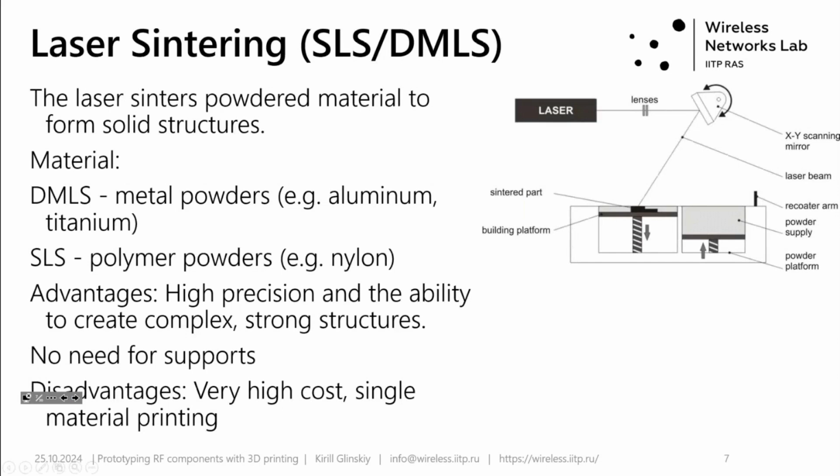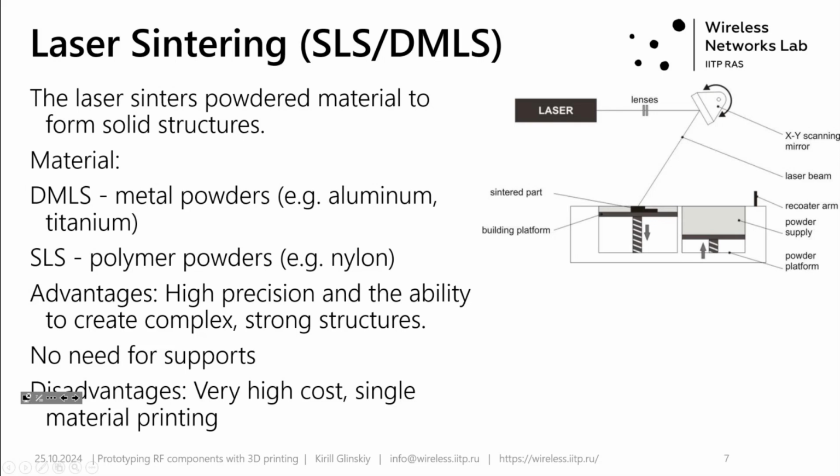The laser scattering methods are, in some sense, similar to the previously described stereolithography, in the sense that here we also use a light source to make some part of the detail solid, and here we can use the laser to sinter either the polymer, in which case it's SLS technology, or direct metal powders like aluminum or titanium, to harden them and create a fully metal detail.